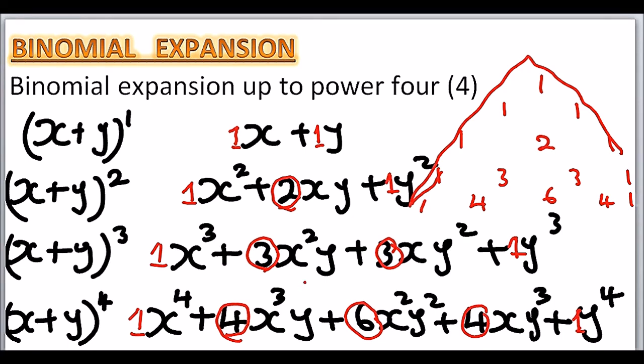So we are going to discuss this triangle further and see how it helps us in general expansion of a binomial. We notice that when we expanded, let's say we start with x plus y and the power is 0. So anything to power 0, we get 1.